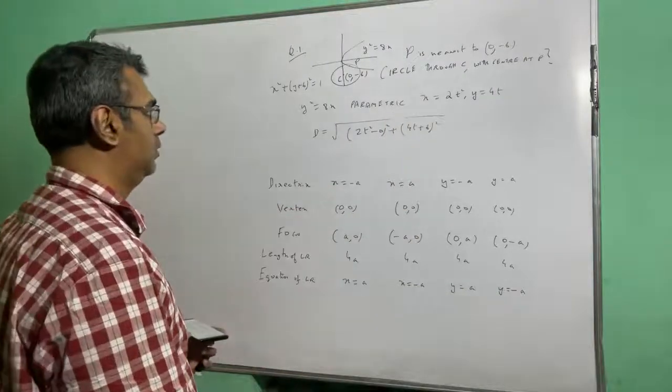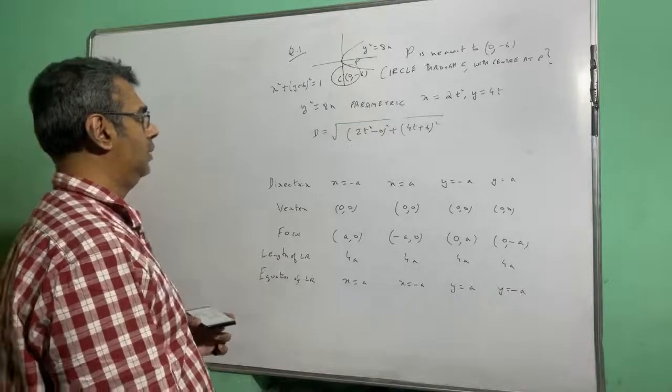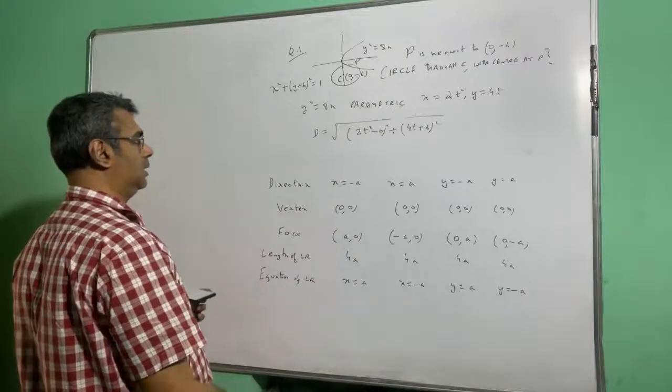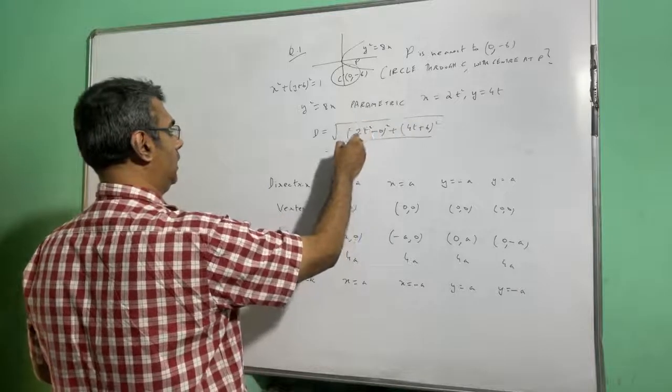So the distance from 2t square comma 4t to 0 comma minus 6, this is the distance formula. Okay, this is the distance from 2t square comma 4t to 0 comma minus 6.